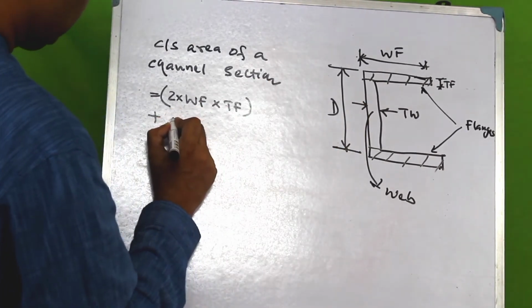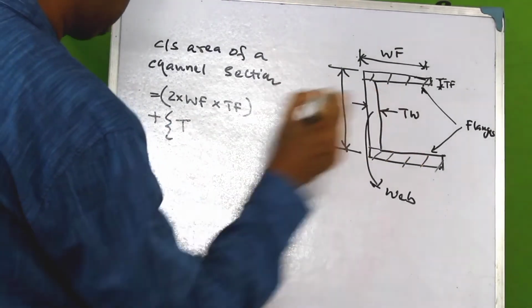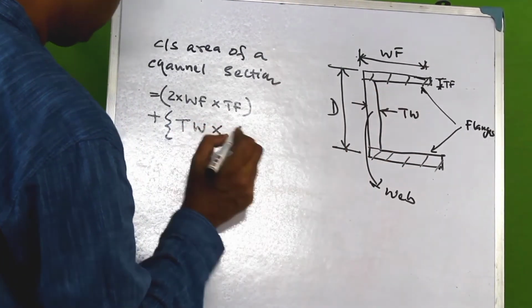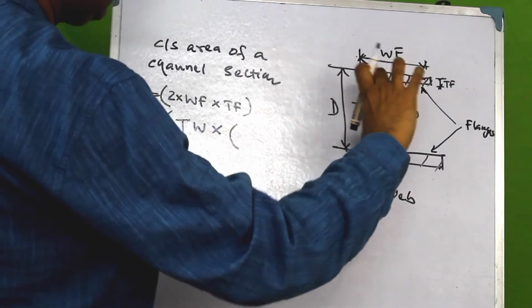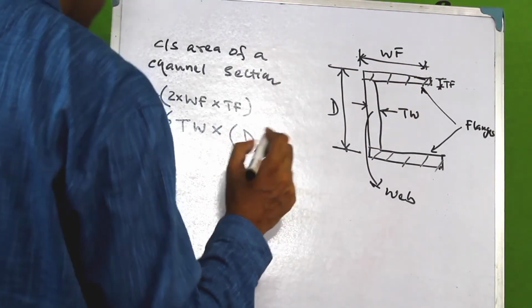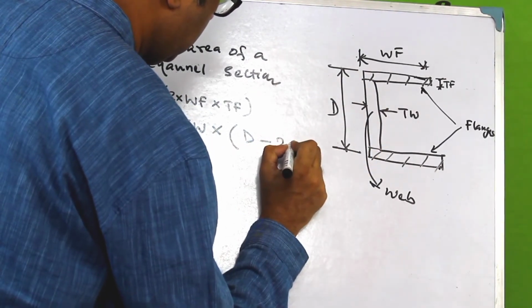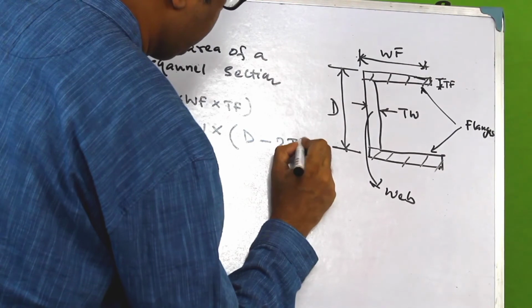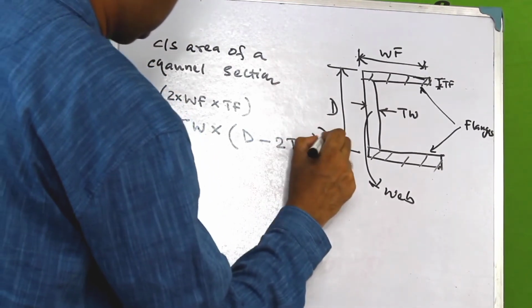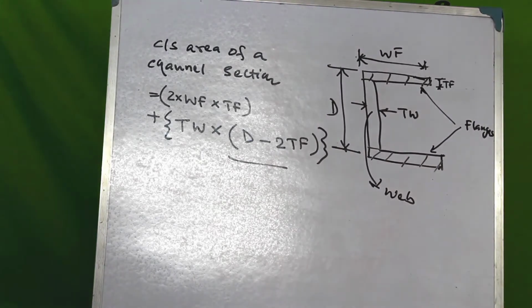the width in this case is TW multiplied by this depth, which would be given by G minus 2 into TF. So this is the cross-sectional area of the channel section.